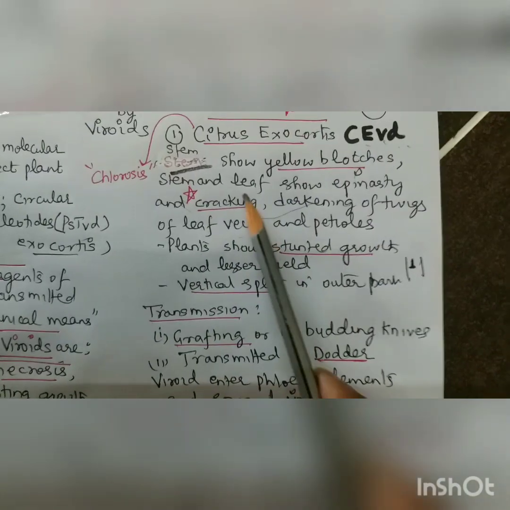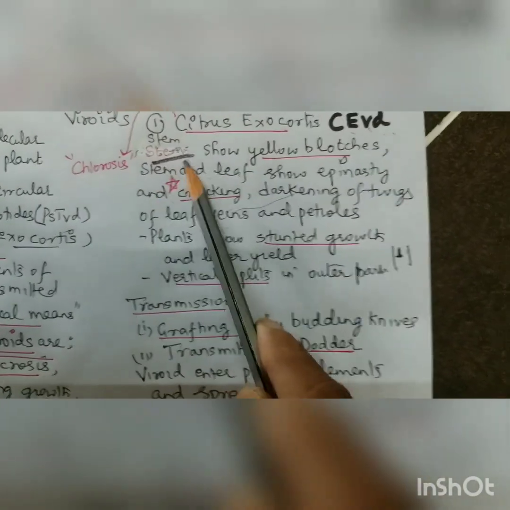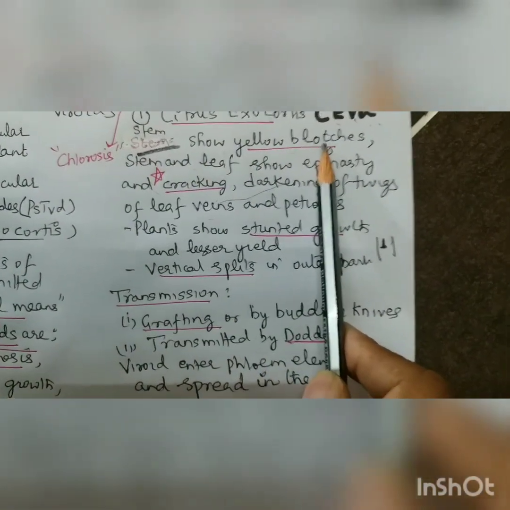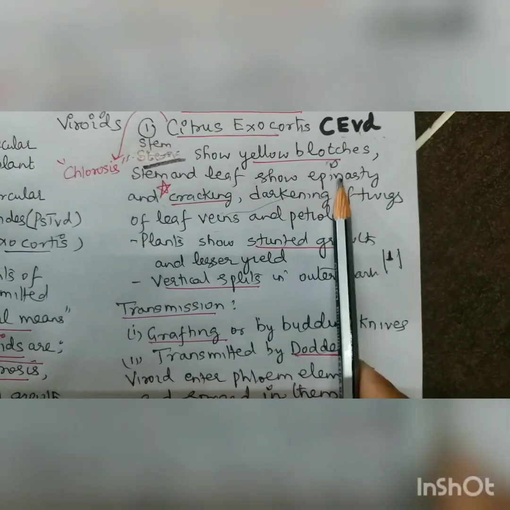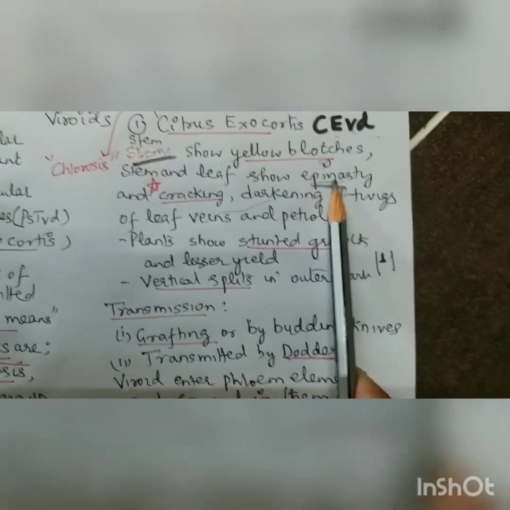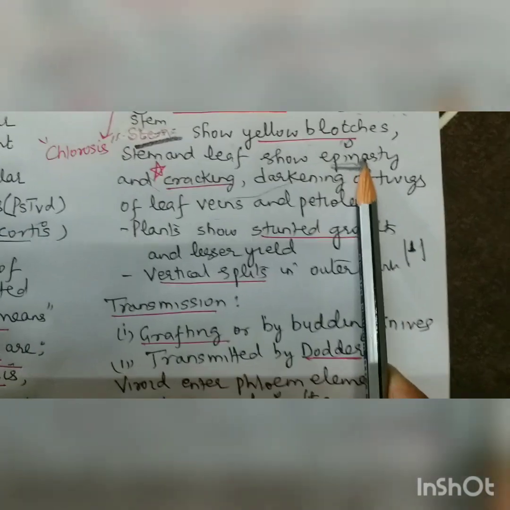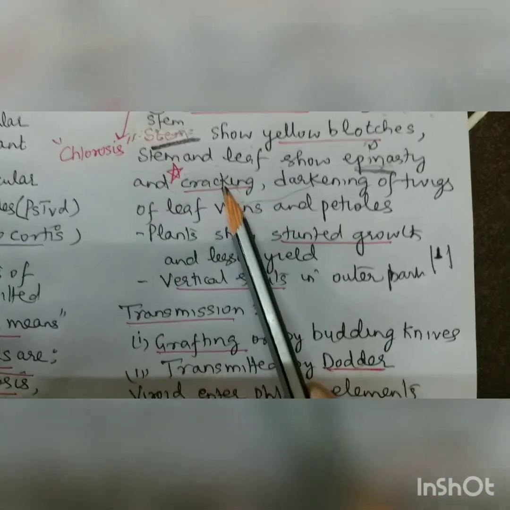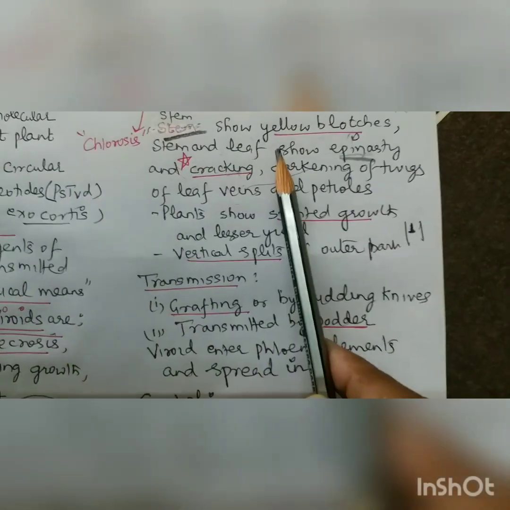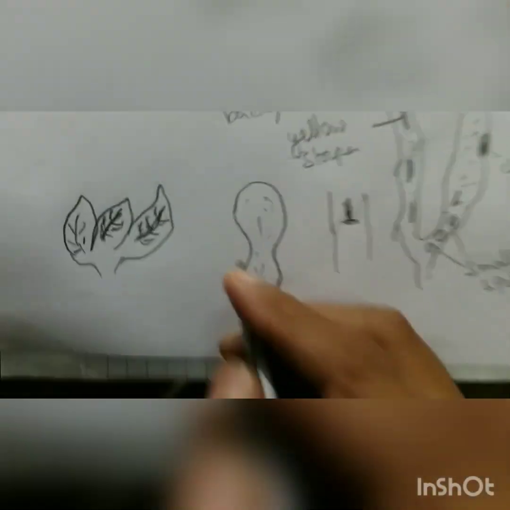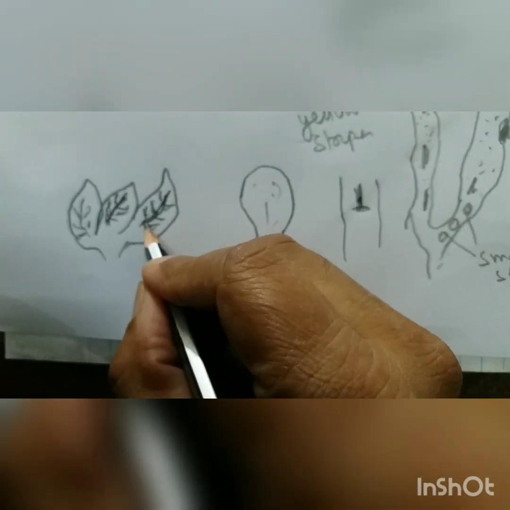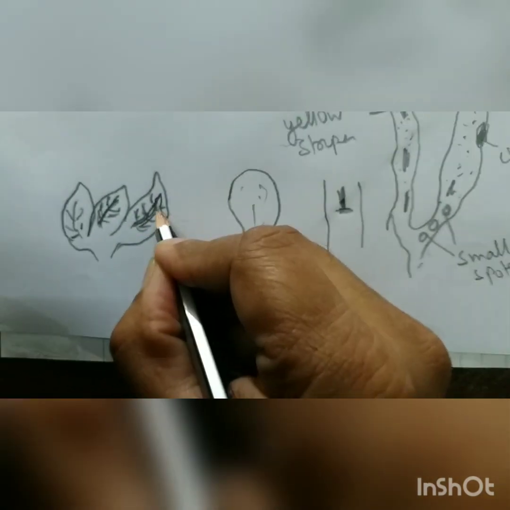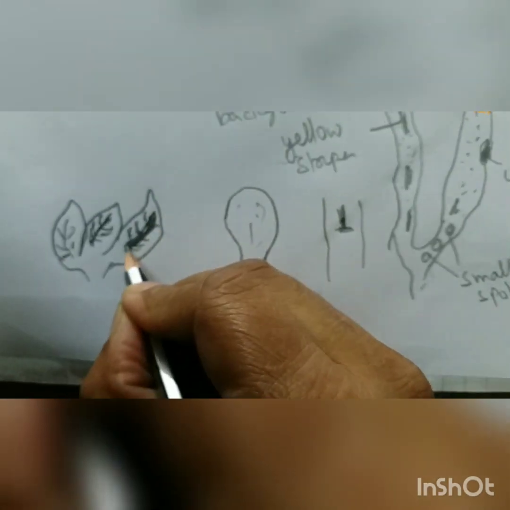The characteristic feature it shows: first the stem shows yellow blotches after the leaves, and the stem and leaf show epinasty. I already told you the characteristic feature of viroids is epinasty. And then when it rolls inward, it gives a cracking, and then it results in darkening, this darkening of the midrib.